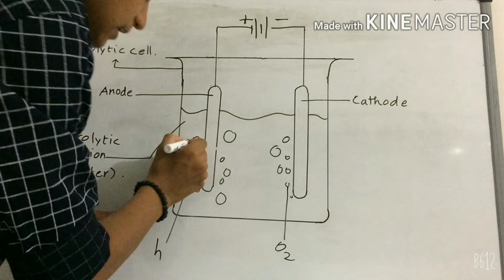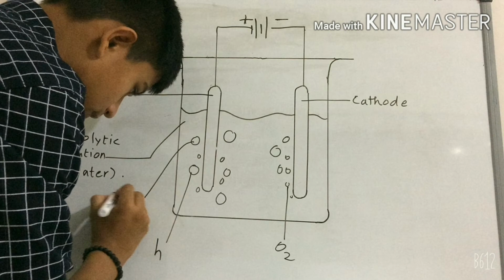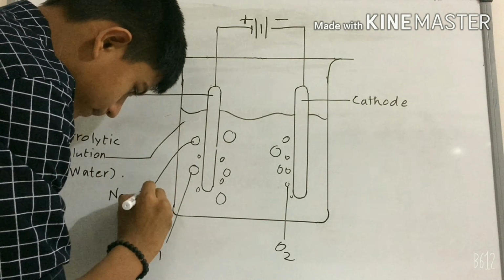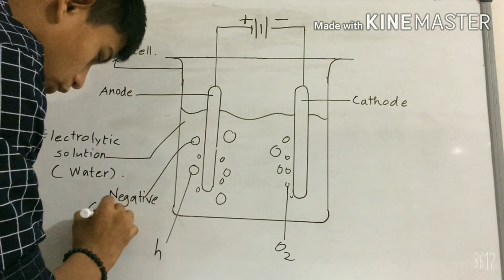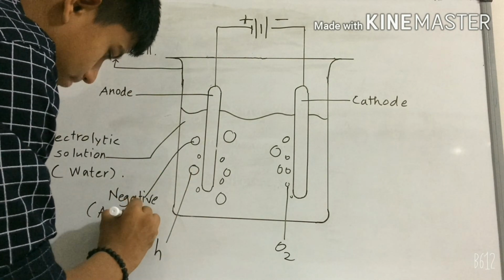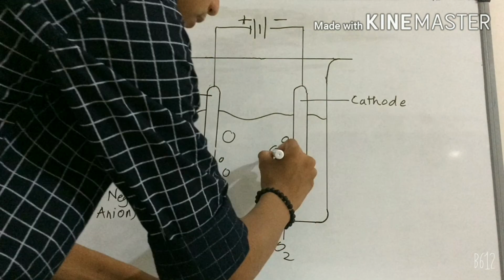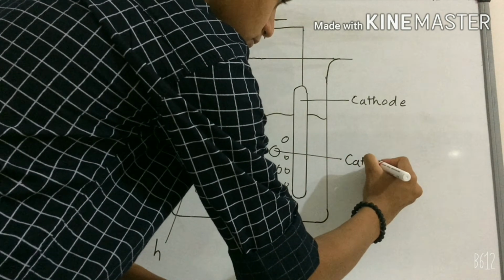Why? Because these are negatively charged. Those are known as anions. And the ions that are positively charged are known as cations.